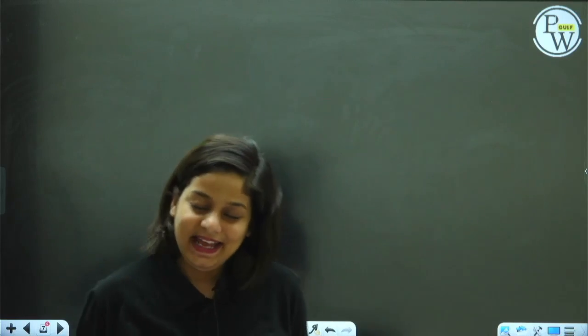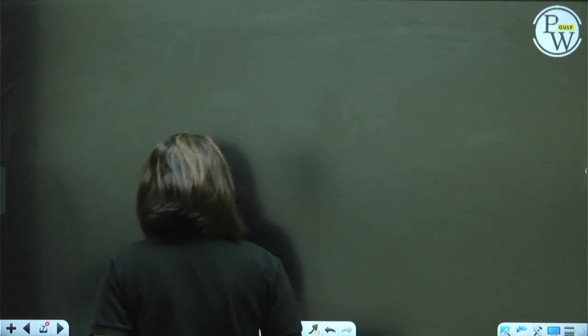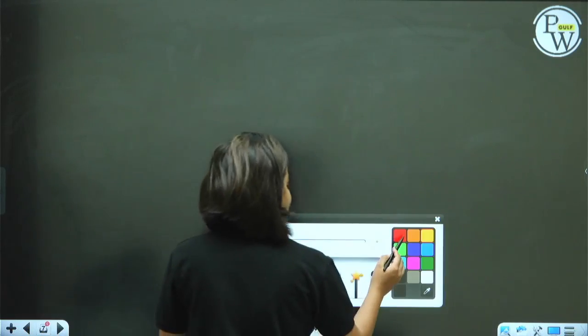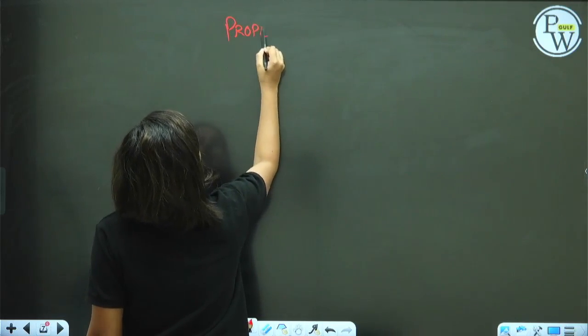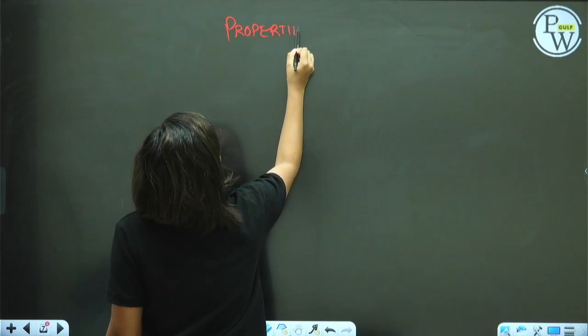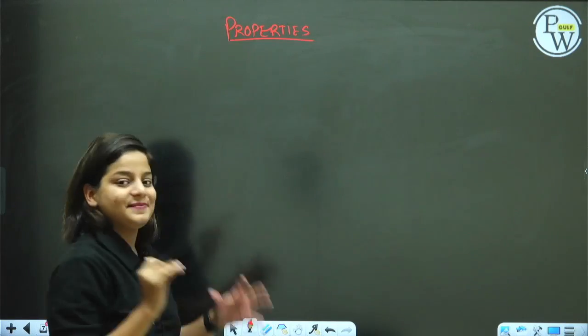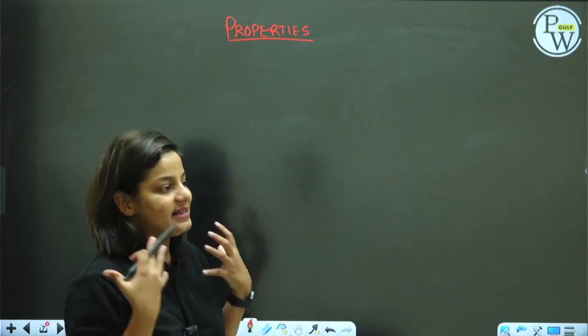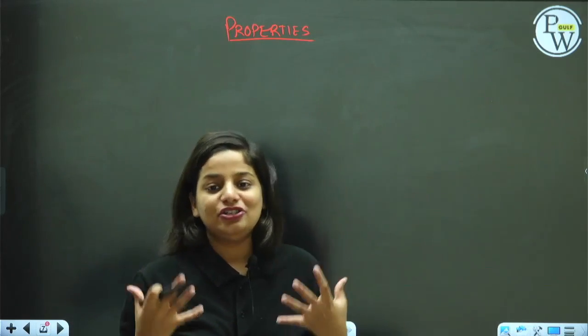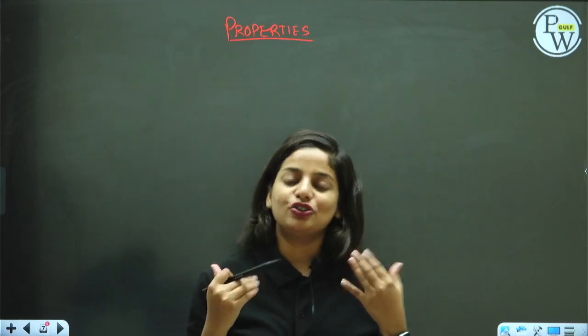Now what is the next very important segment? That's your properties of determinants. Most of the questions that you get are on properties. Majority of the questions will be based on properties. And yes, it's a fact that questions on properties are difficult to solve.